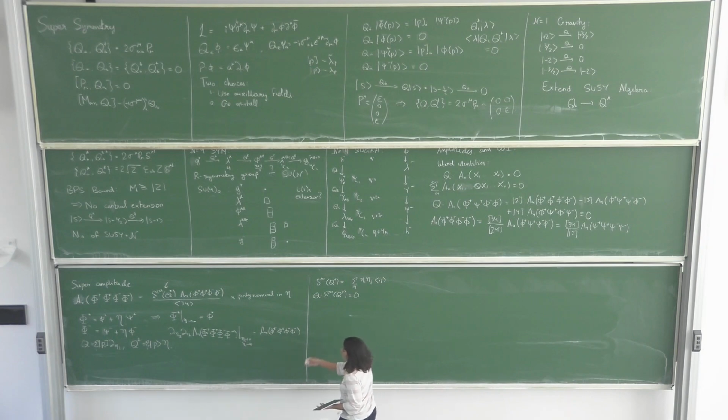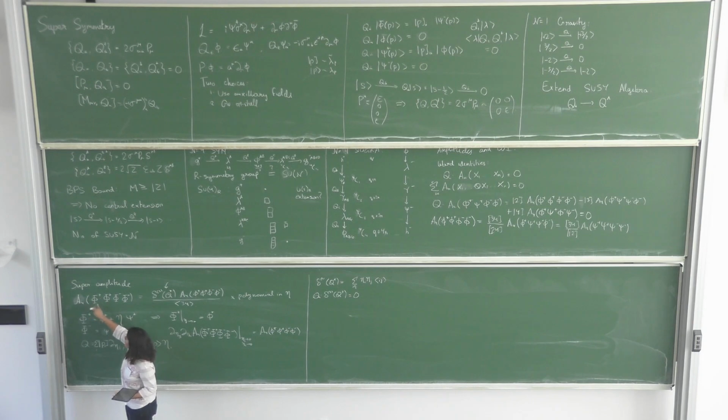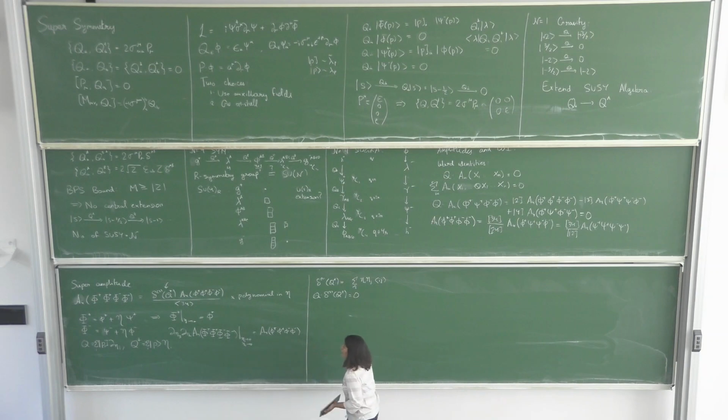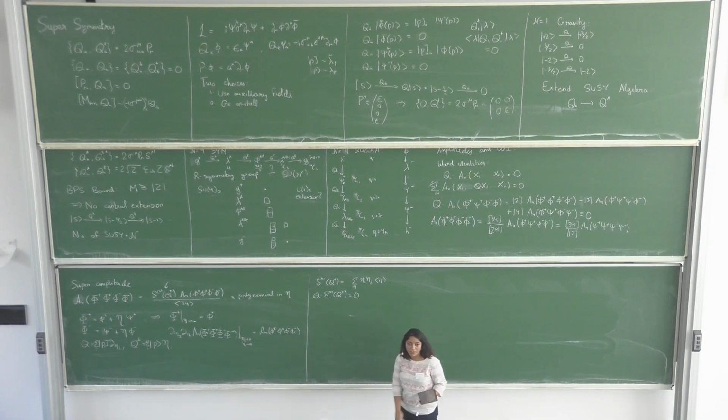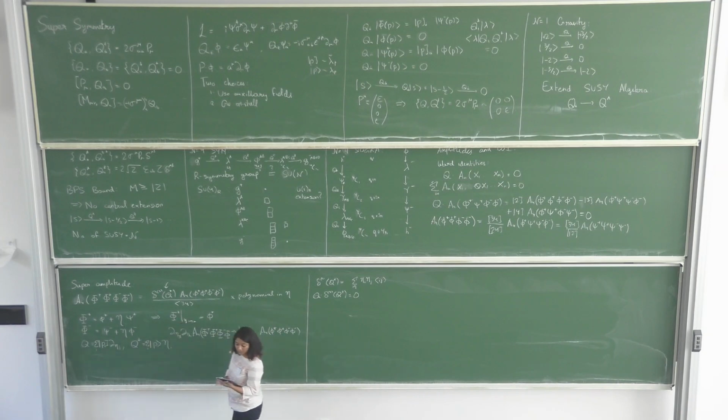In this case, it would allow you to have amplitudes that have, for example, just 1 positive multiplet and 3 negative multiplets. So if you do have a polynomial in eta, the delta function in Q dagger makes sure that you're still Q dagger compliant. What it doesn't do is guarantee that you are Q compliant, right? So whatever polynomial you multiply over here has to be annihilated by Q in order for it to be a supersymmetric amplitude of a supersymmetric theory.